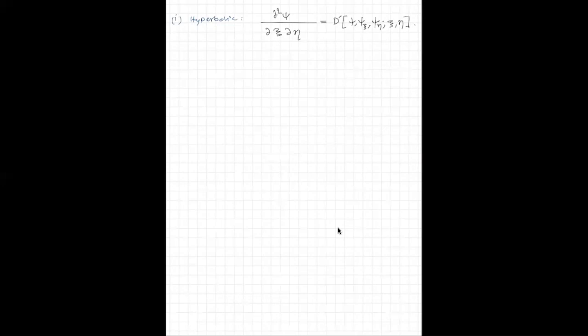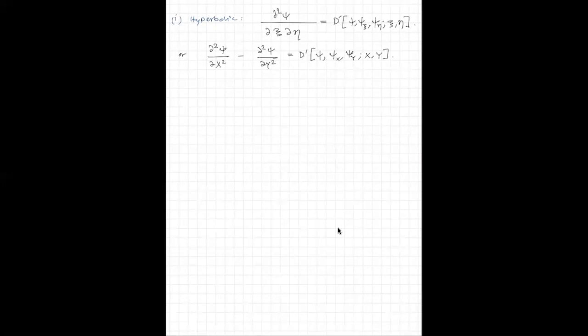Or equivalently, you can also write this as del 2 psi by del x squared minus del 2 psi by del y squared equal to something which is a function of x, y, psi, psi x, psi y.